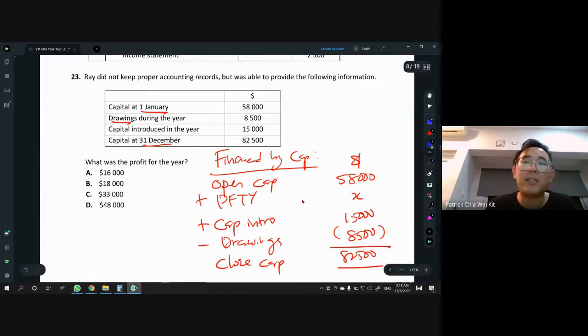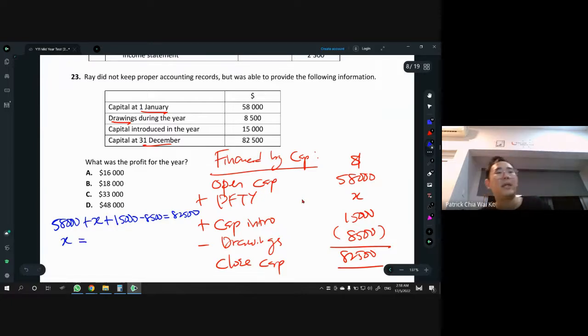So can you find X? Easy. Just do your maths. If you're not sure how to calculate from here, then change it back to horizontal. You can put 58,000 plus X plus 15,000 minus 8,500 equals 82,500. Then you find X. In this case, X should equal 33,000 if I'm not mistaken.